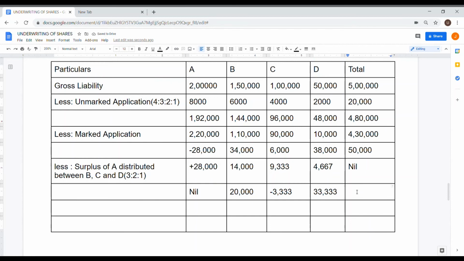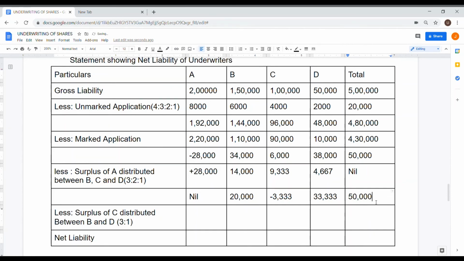So what is the total we get? It is 50,000. Now again there is a surplus for C that you will distribute among B and D in the ratio of 3:1. That is the same gross liability ratio for B and D, that is 3:1.